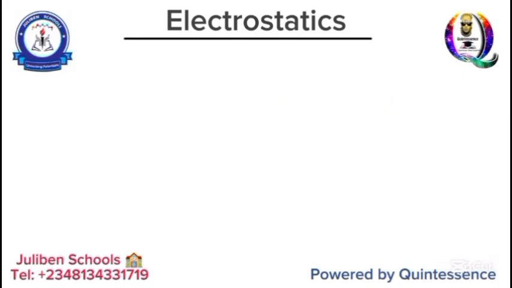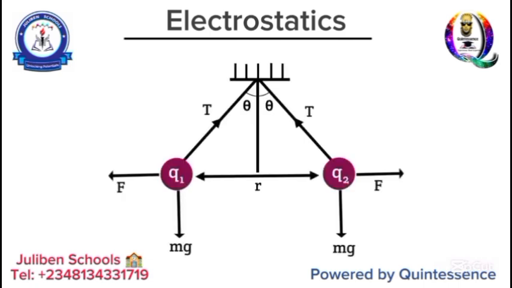All right. Another fact that you must take note of is when two equal charges are separated by a thread at a common point, such that they repel each other at a distance of r, making an angle of theta to the vertical, then it is important for you to know that the separation distance existing between both of them can be calculated using sine rule.